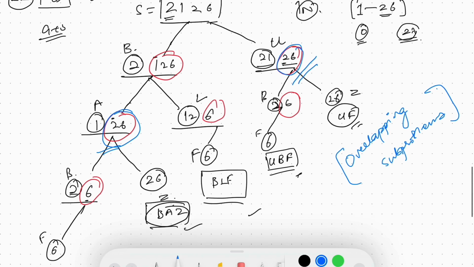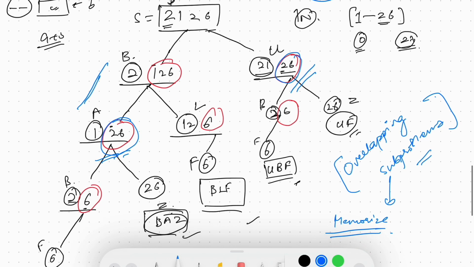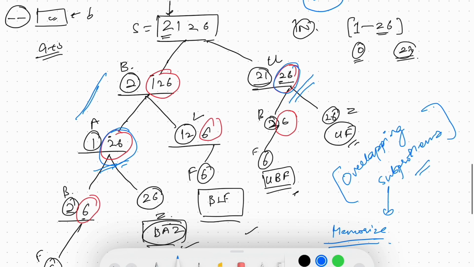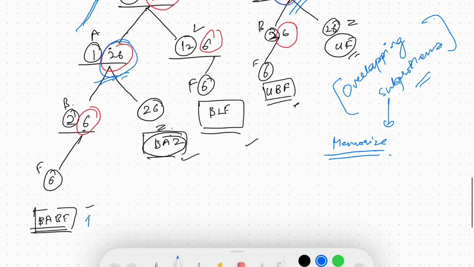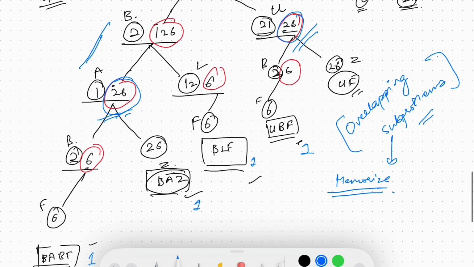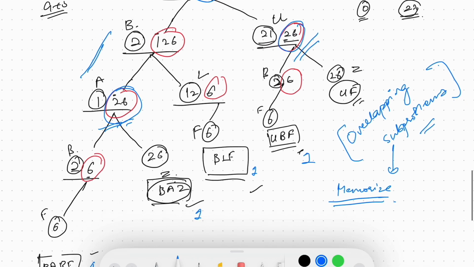In our recursive approach, we found out that we are having overlapping subproblems, and to overcome those overlapping subproblems, we are going to memorize our solution. And how are we going to memorize? So we will see whether if we start from this 2, we can get an answer or not. Because whenever we are getting an answer, we are going to return 1, and ultimately we are going to return the addition of all the possible answers.